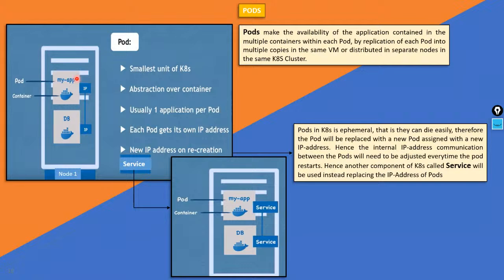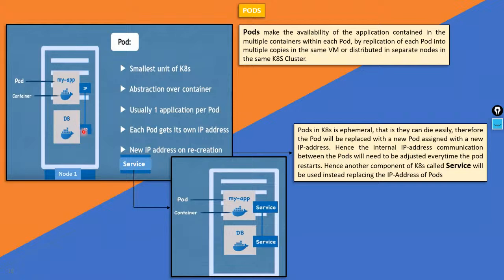So how will one container communicate with the other container? That is a bit difficult. So you need to have a cluster, and then you make a layer on top of the container which has the capability to have an IP address. Think of a pod having an IP address which can communicate with another pod having another IP address.